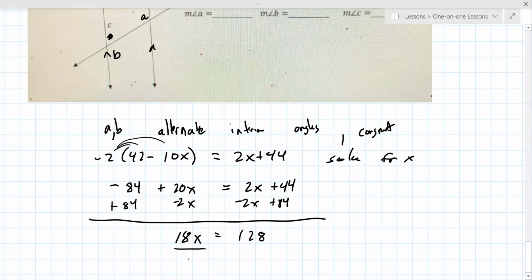Divide both sides by 18, and it doesn't look like that works out nicely, because 18 times 5 is 90 and 38. So what did I do wrong here? Do you see anything?